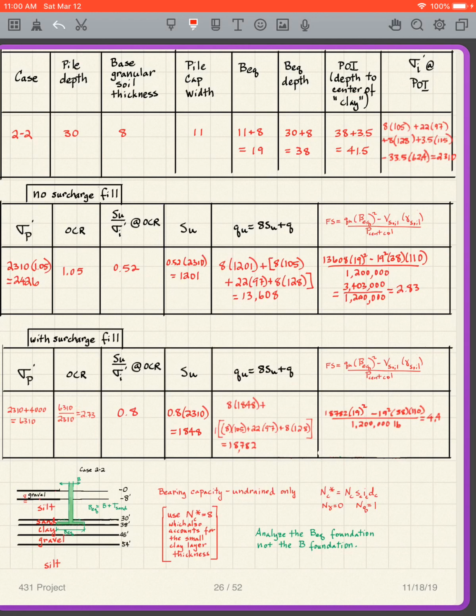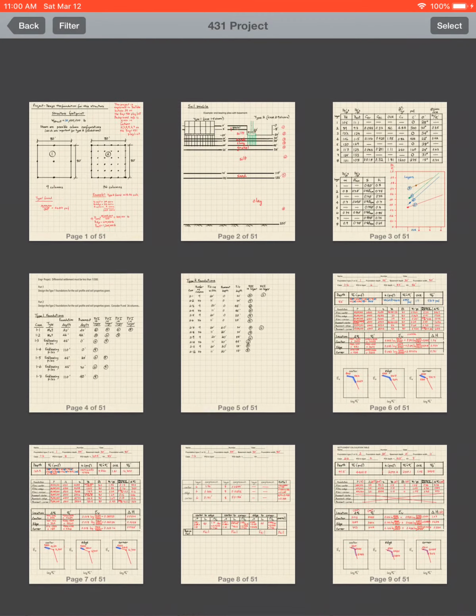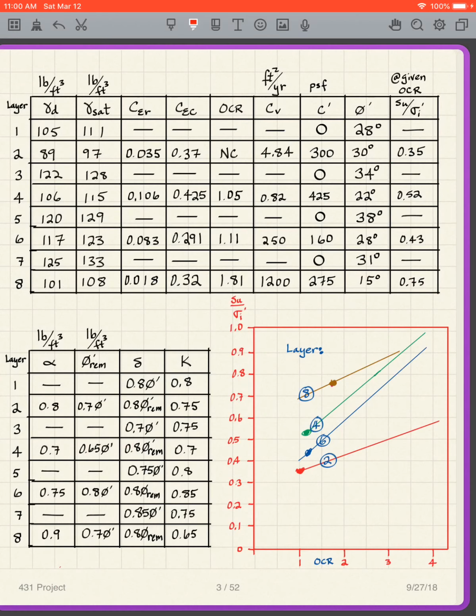Now with this OCR of 2.73, to figure out the SU over the sigma prime I at that OCR, we have to go back to our soil properties. And so 2.73, we're on layer 4. 2.73 is in here, approximately. We come over here, we get approximately 0.8.